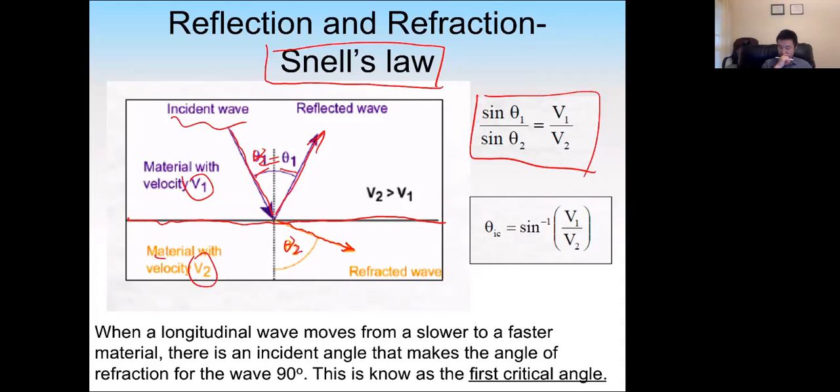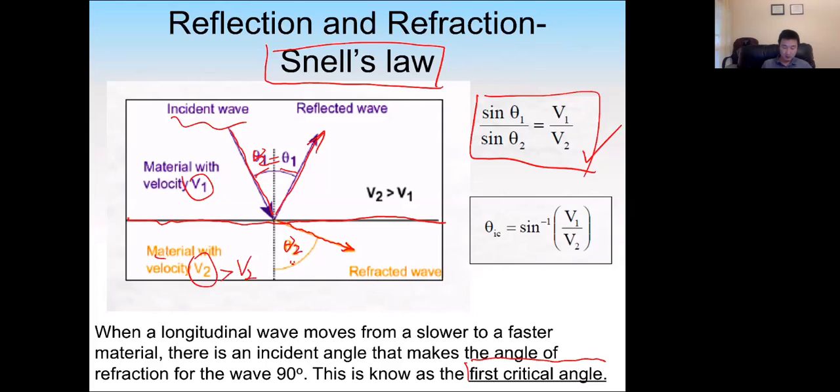And that special angle is called the first critical angle, which is defined when a longitudinal wave moves from a slower to a faster material. So this is the faster material. V2 will be larger than V1 because theta 2 is larger than theta 1, based on this equation.